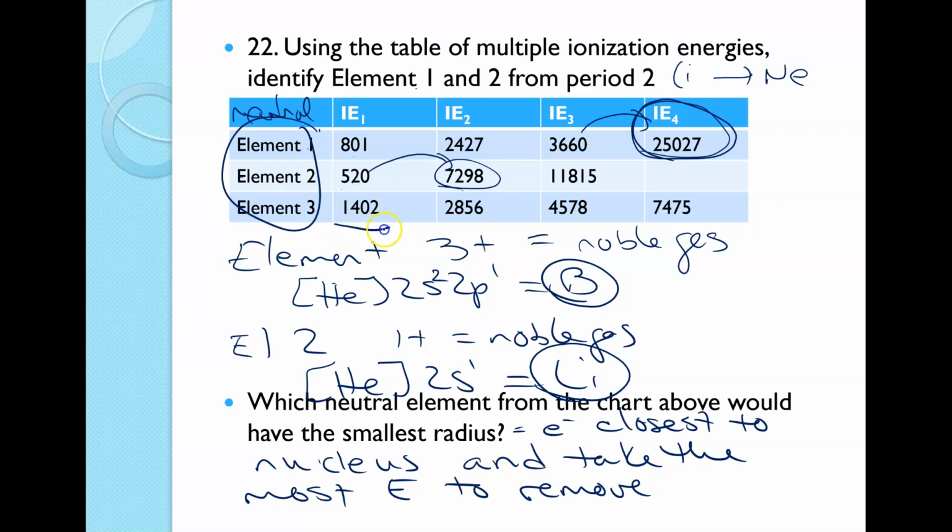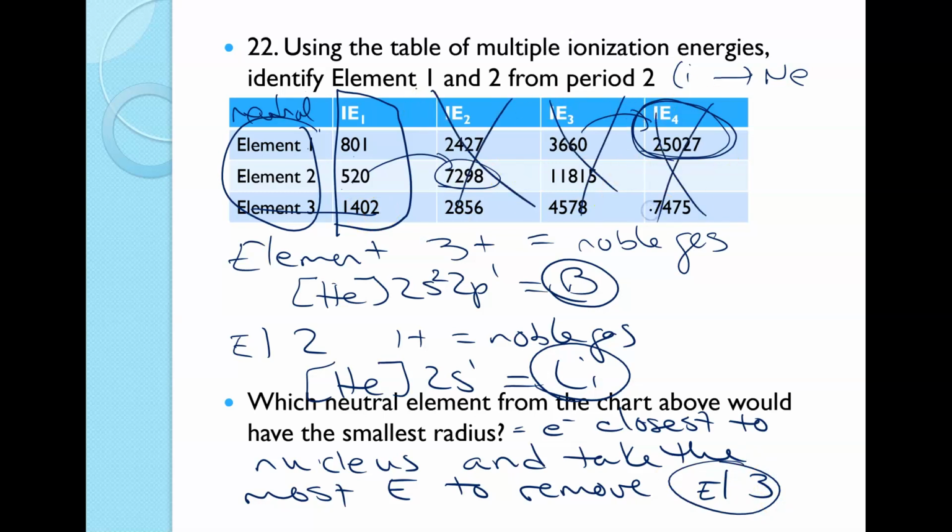So I'm going to look in the first column only for this. The highest energy to remove is element 3. Doesn't mean element 3 is neon. It just means that element 3 of those has the smallest radius because it takes the most energy to remove its first electron. After that, you can't count these, because they're not neutral elements anymore at that point.